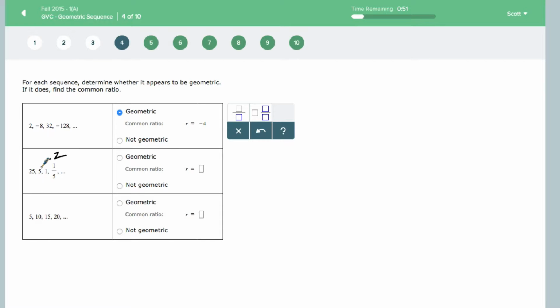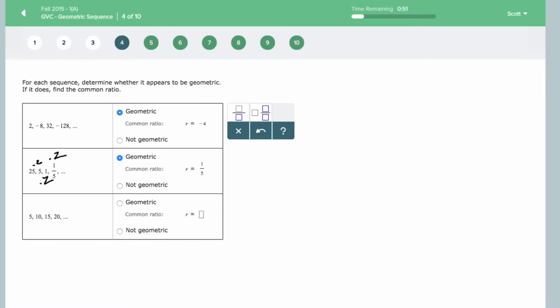5 divided by 25 is 0.2. And 1 divided by 5 is 0.2. So this one is geometric. And my common ratio is 1/5.